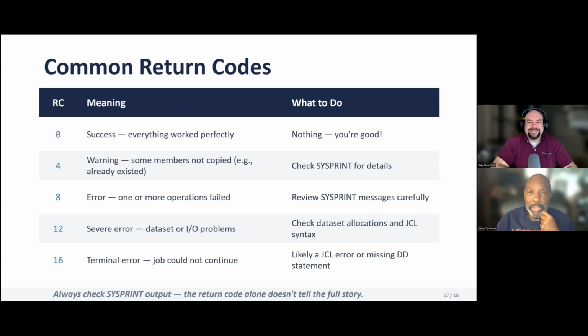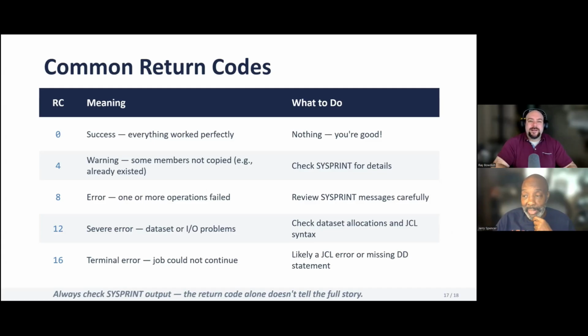And I think you get a message from the system that the sysprint DD statement is missing, and then you get a return code 16 because it can't tell you anything since there's no sysprint DD statement. I think that's why I thought it was a JCL error, because it does show up in the JCL as a missing DD statement.